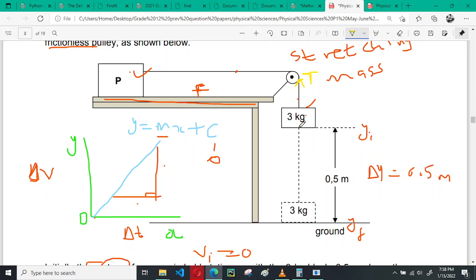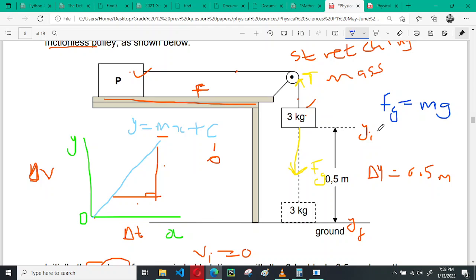You must remember that Fg is equal to the mass times the acceleration due to gravity, m times g. So this is your Fg here.